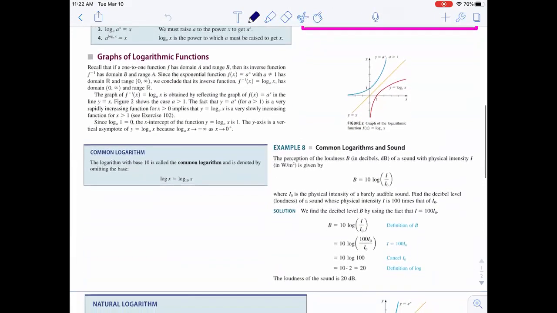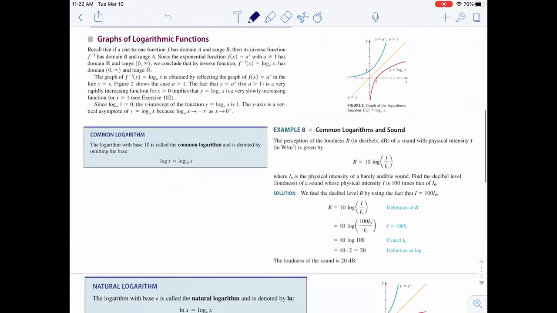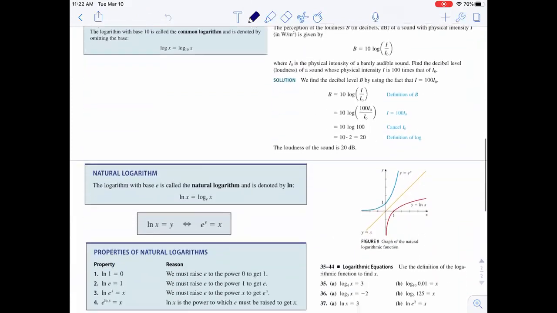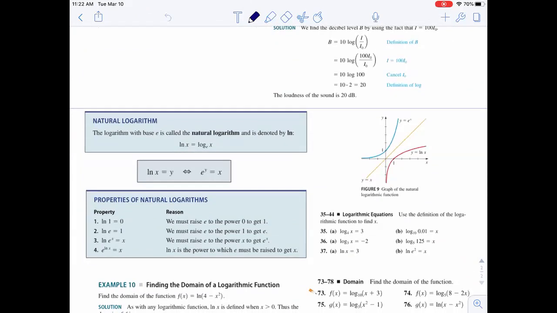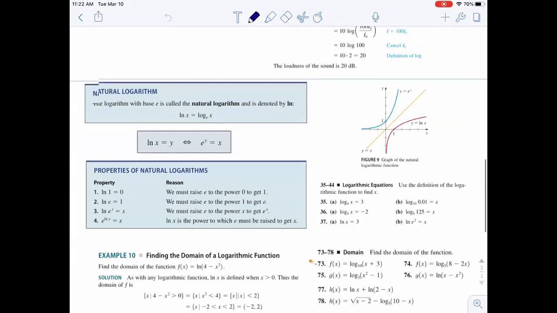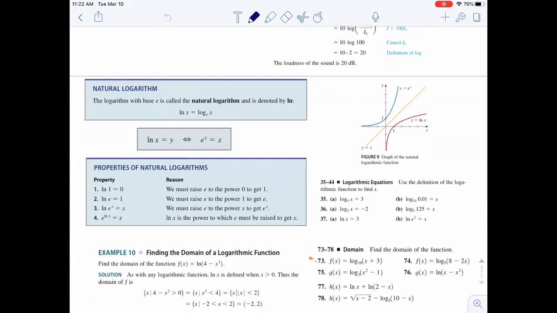So we've got that example down in the right-hand corner. And then we talked about the natural logs already. So we kind of sped ahead, jumped around a little bit, not too bad. We can apply the same properties of natural logarithms, but a natural logarithm is just a log base e, right? So it's a special case. So all those properties are the same, right? So there's nothing new here. But what I want to do is look at the domains.